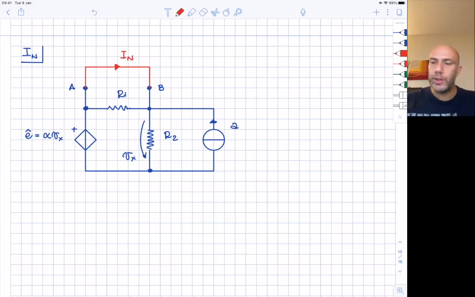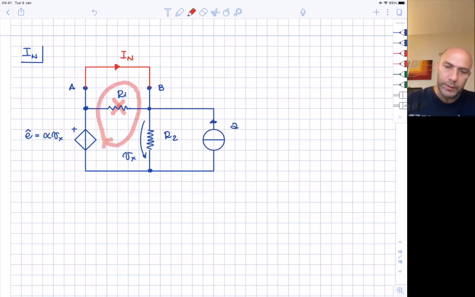If we short circuit the A and B terminals, R1 is short circuited. And if it's short circuited and we apply the Kirchhoff voltage law to this loop here, we can write that Vx plus E equals 0.